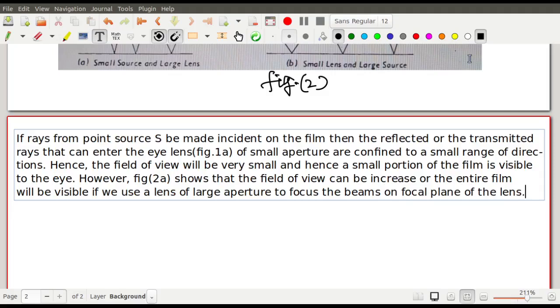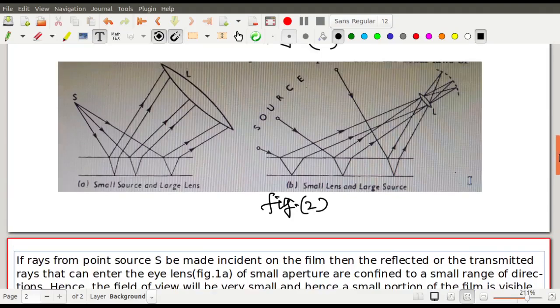So then it is, however, figure 2a shows that the field of view can be increased or the entire film will be visible if we use a lens of large aperture to focus the beams on the focal plane of the lens.